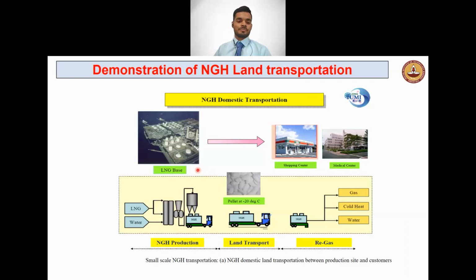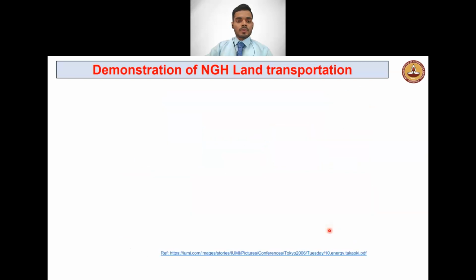They demonstrate the LNG transport via natural gas hydrate from the LNG base to the customer end. For that, they do natural gas hydrate production at a production base, and then transport it via roadways to the customer end, where they regasify it and use it.